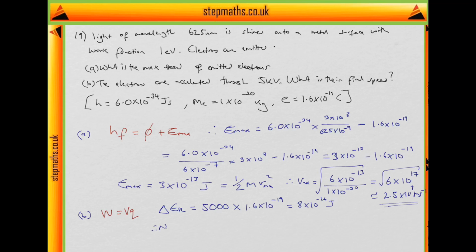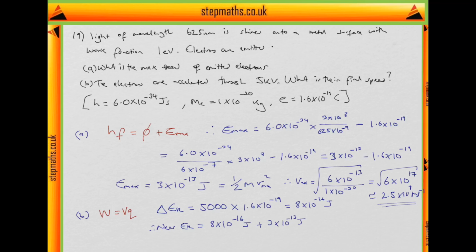Therefore, the new kinetic energy they have is equal to 8 times 10 to the minus 16 joules plus 3 times 10 to the minus 13 joules. Let's come over here.